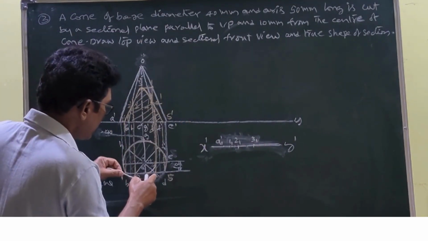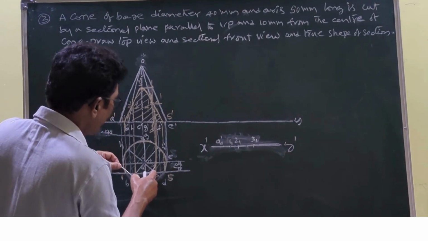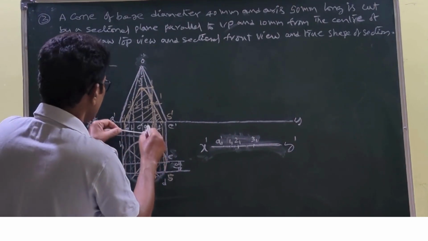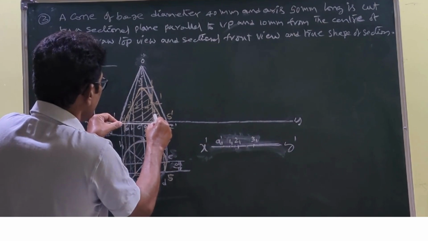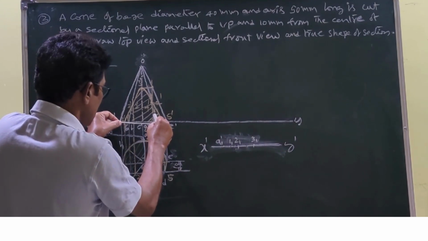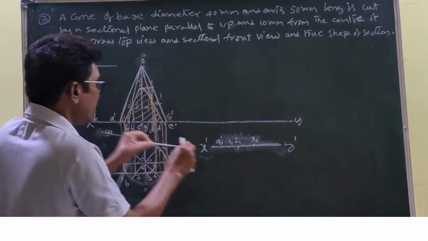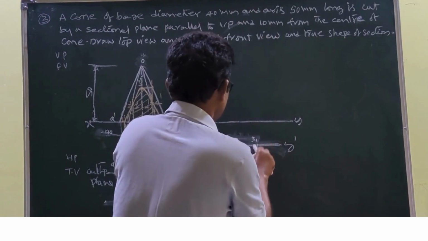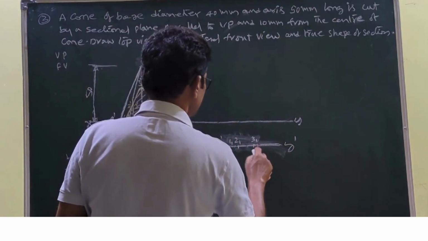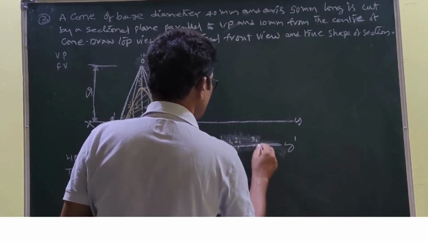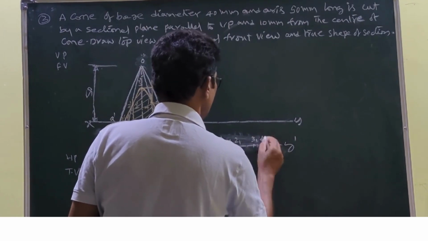After that, the other cutting point 4: through that, a dash and generator, the projector passes through that 4. This is a dash and, taking this as a radius, you cut it here. Okay. This is the 4 1.